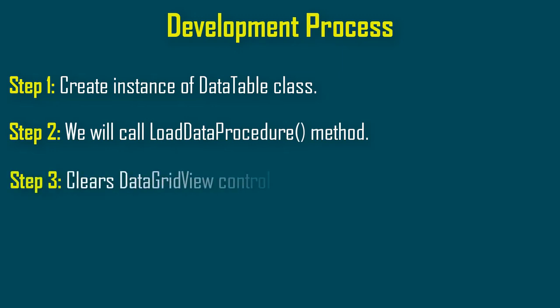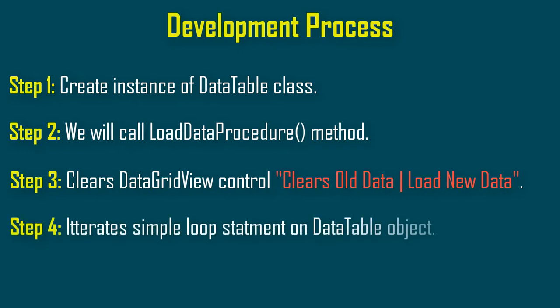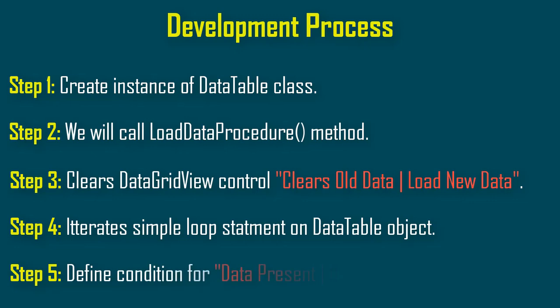Thereafter, we want to clear the DataGridView Control. That means we want to clear old data from this control. Instead of old data, we want to load new data from SQL Server database. Thereafter, we want to iterate a simple loop statement because we want to get all data from the data table object using the loop statement. Finally, we want to define a simple condition for data present state and not present state.